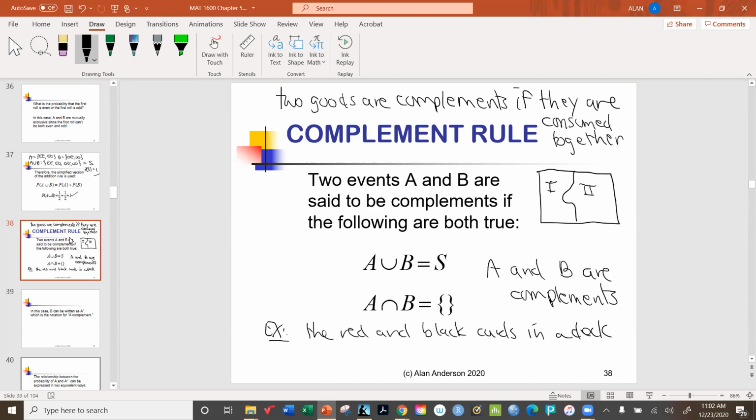Why are they complements? Two reasons. Number one, all the cards have to be either red or black, but none of the cards can be both red and black. All right, here's another one. The white and black pieces on a chessboard.